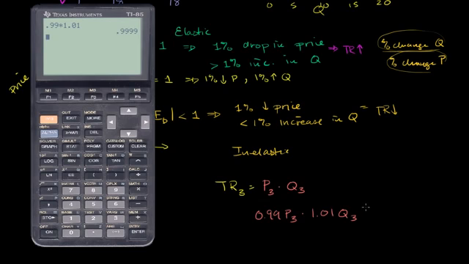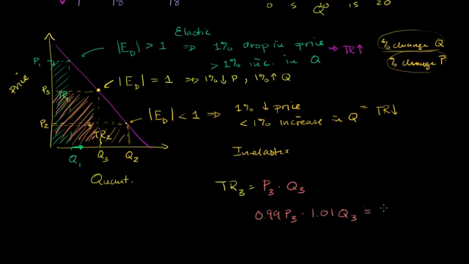So this is going to be equal to 0.9999 times P3 Q3, which is equal to 0.9999 times total revenue 3. But it is roughly unchanged.